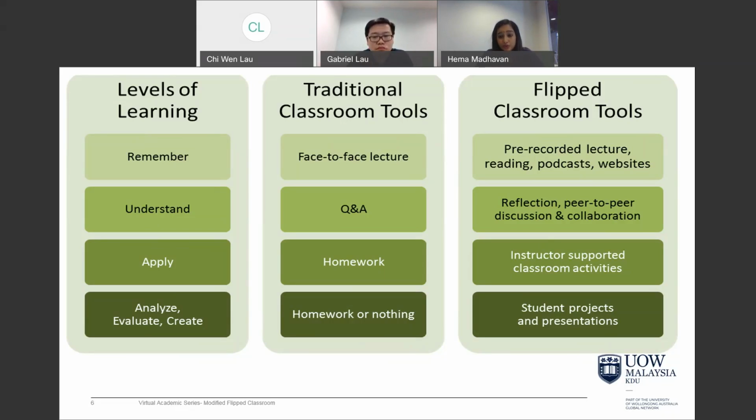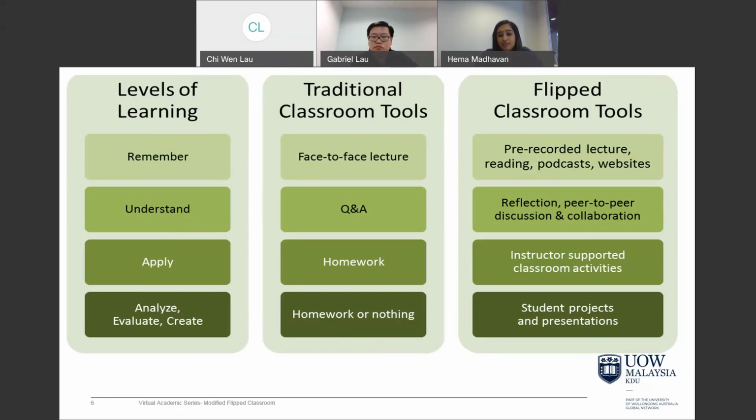Then we also do Q&A in class. So this is then flipped to become more of a reflective work. Like maybe you give them a reflective journal, a peer-to-peer discussion where the students teach their friends, comment on each other's work, or work together collaboratively. There are many websites and applications that support these kinds of work as well, right?